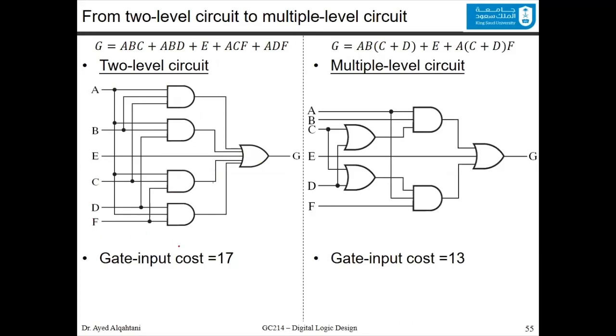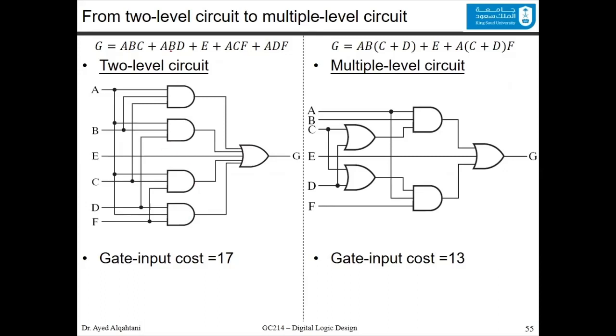Now, the gate input cost here is equal to 17 because you can count 1, 2, 3, 4, 5, 6, 7, 8, 9, 10, 11, 12, 13, and then you add the terms. We have 4 terms to get the gate input cost.